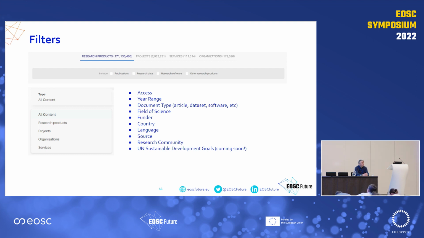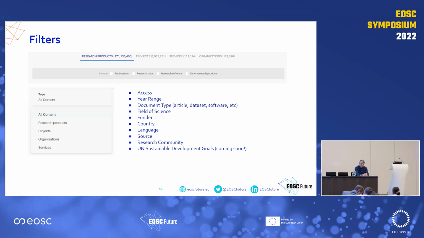There are several filters: access, year range, document type, also now field of science, the type of funders that can be linked to a data set, an article, and so on.